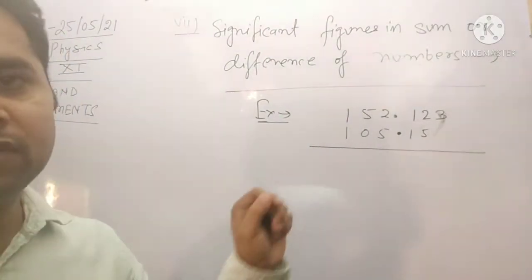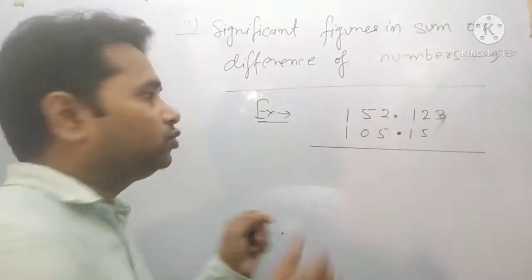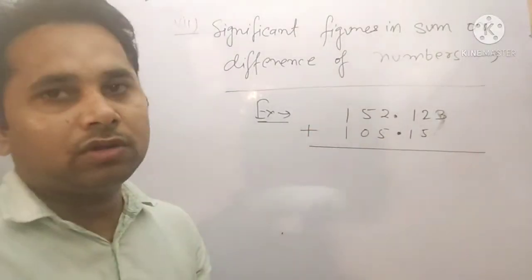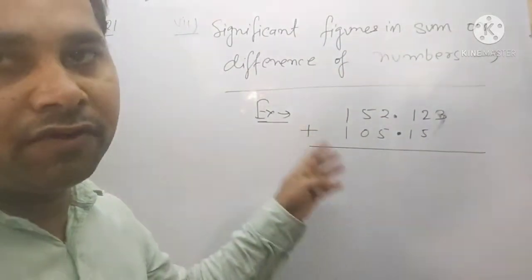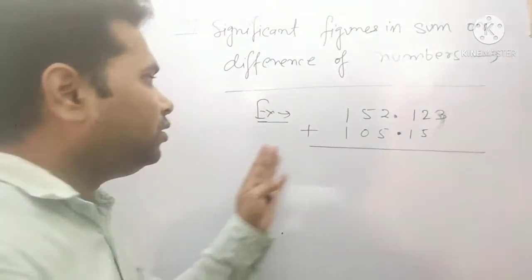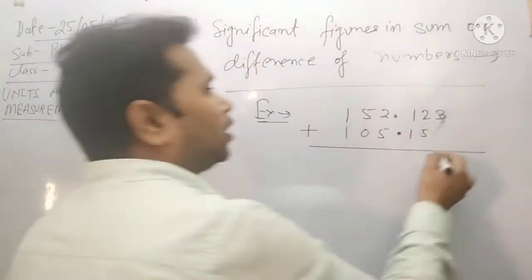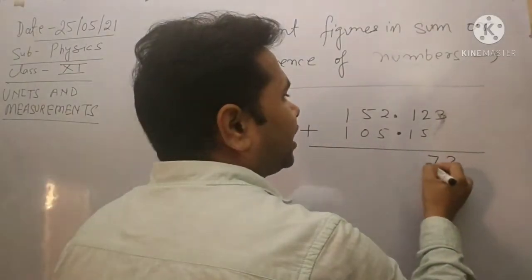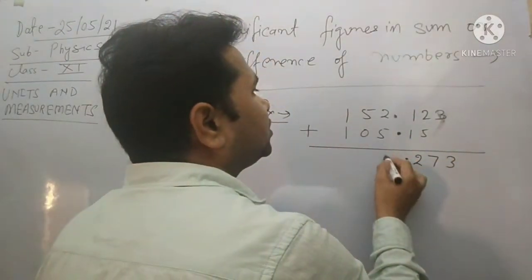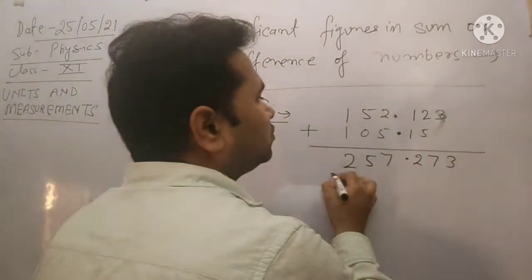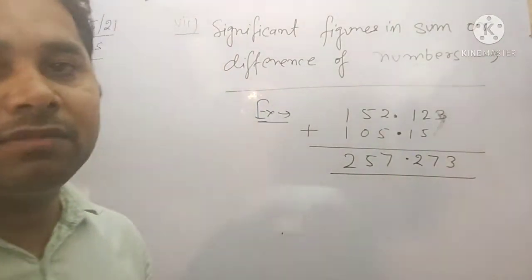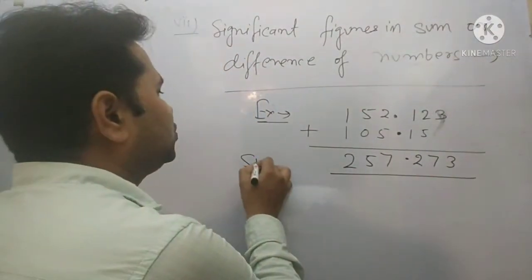Now first check the final result. Final result means the sum of these two. Suppose we are adding, and the rule is the same for the difference of two numbers also. Now we are checking the sum: 372 point, this is 752. This is the final number, the sum of these two.